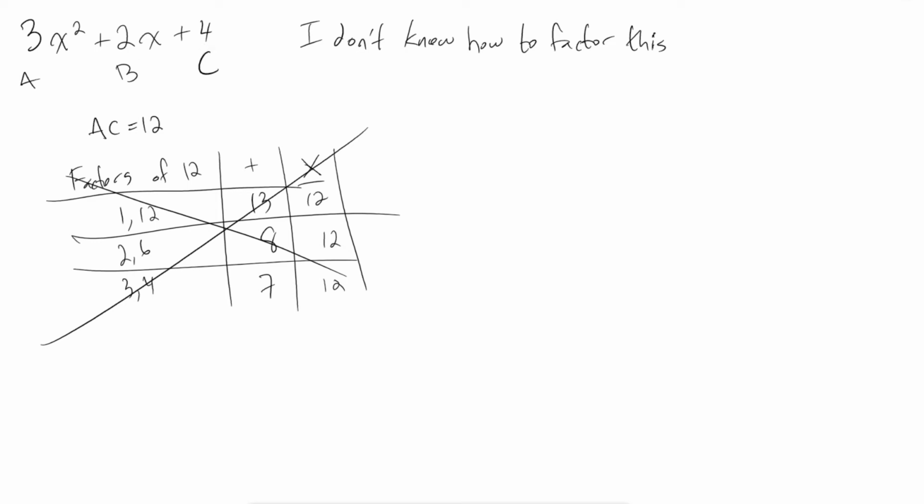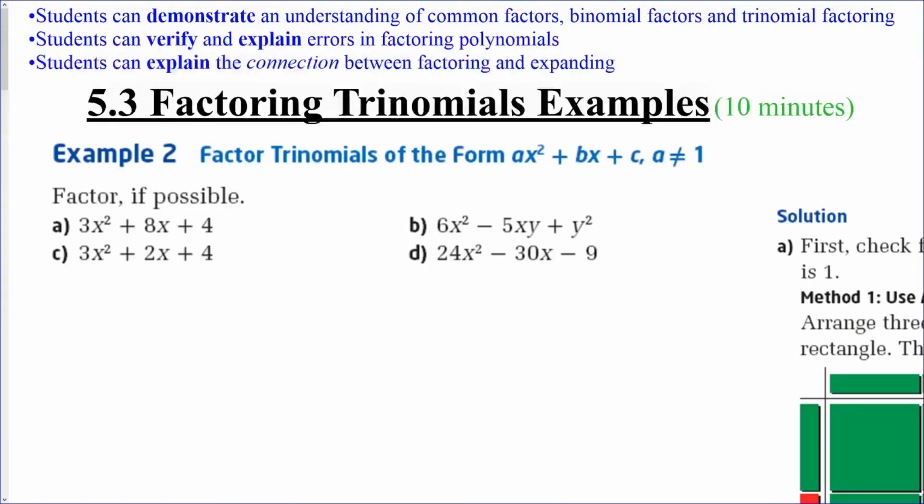Finally, for example number 2, we have D here, 24x squared minus 30x minus 9. And I forgot to actually take out the common factor in the previous one, but that really doesn't matter at all. It doesn't change the fact that I cannot factor it, because I couldn't take anything out at all.